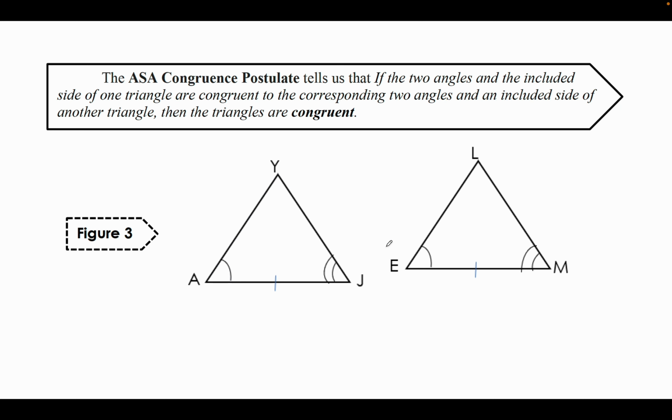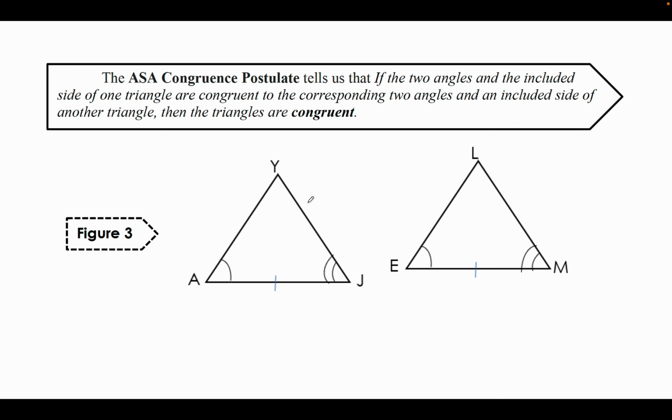Let's move on now to the ASA congruence postulate. Earlier we had the SAS. This time we have the ASA congruence postulate. Meaning, given two angles and included side naman. Earlier, two sides and included angle. This time, two angles and included side.